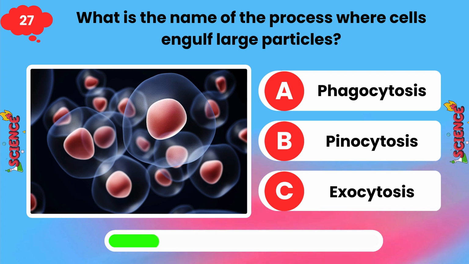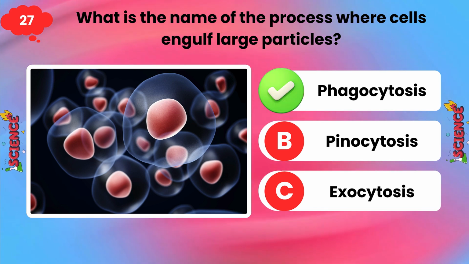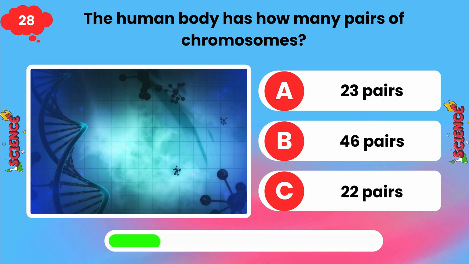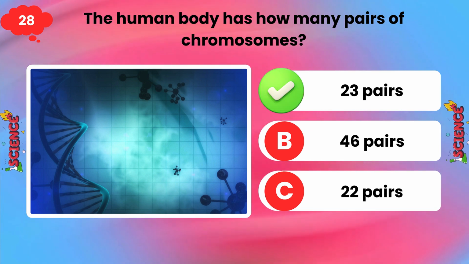What is the name of the process where cells engulf large particles? Phagocytosis. The human body has how many pairs of chromosomes? 23 pairs.